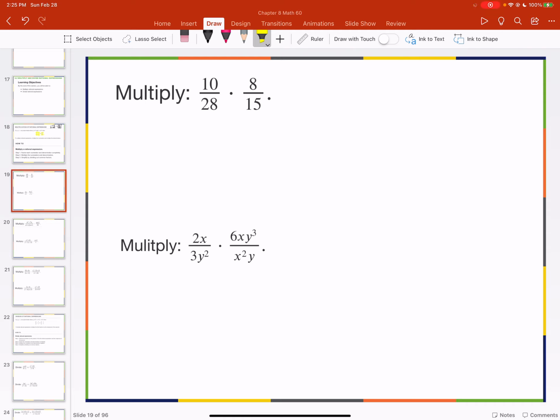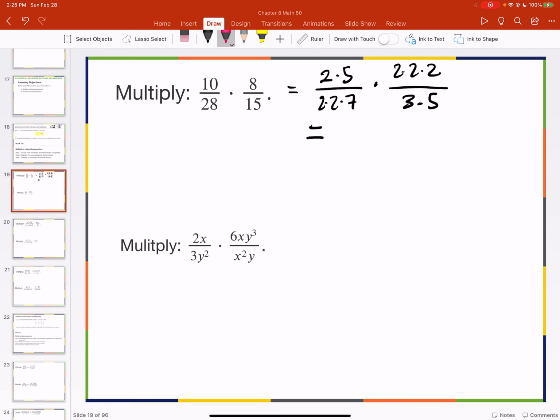So let's say here, if we were to do that kind of method, if we factored everything, this would be 2 times 5 over, let's say 4 times 7, or 2 times 2 times 7 for 28. And then 8 would be 2 times 2 times 2, and then 15 is 3 times 5. So everything that is across from each other diagonally would cancel out.